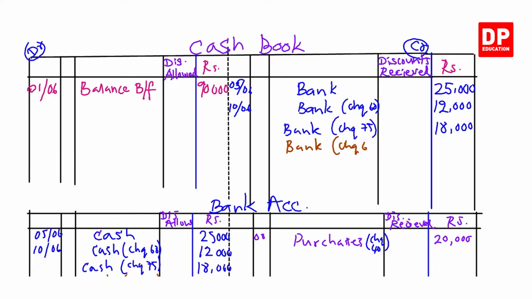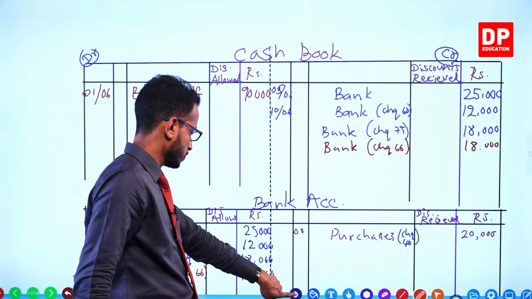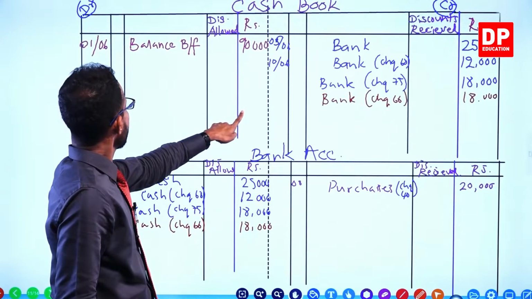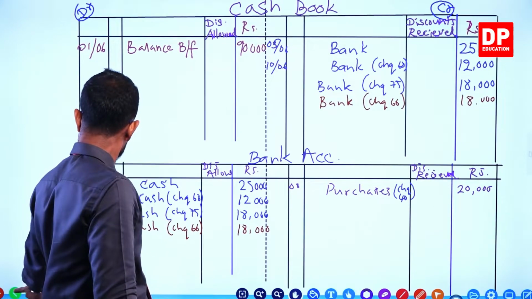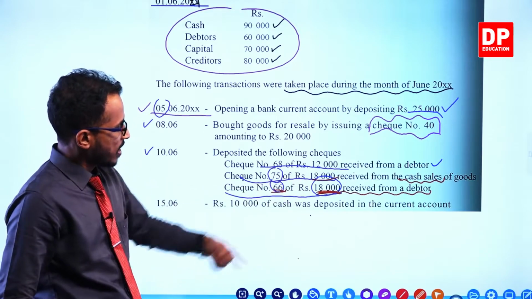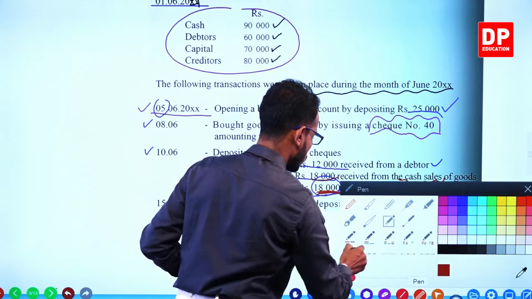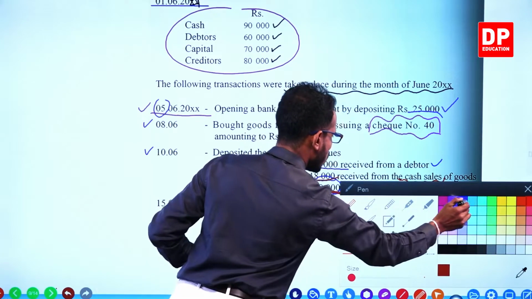Check number 66, 18,000. Same amount, it doesn't matter. We have already noticed that. We are done with that transaction now. Good. Okay.